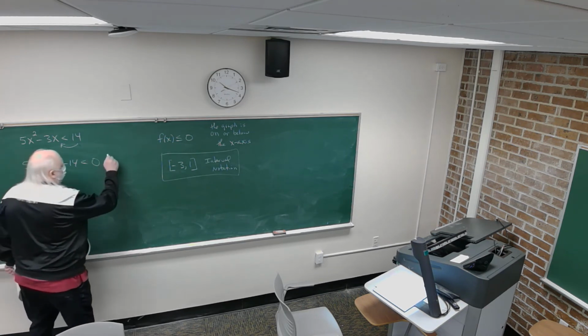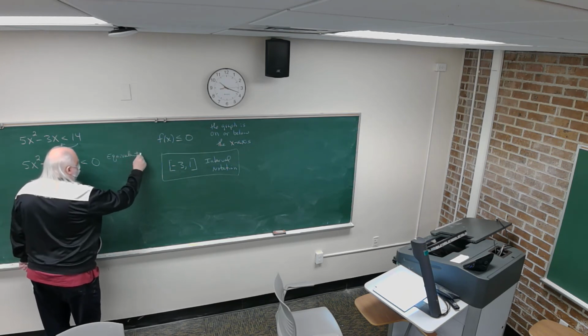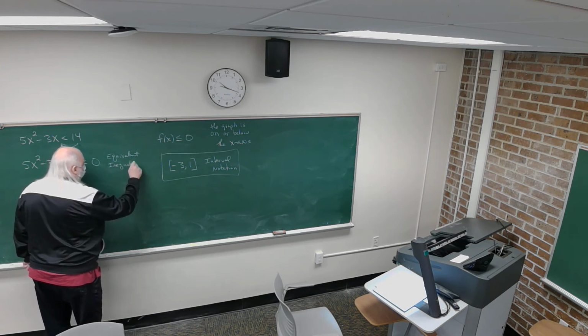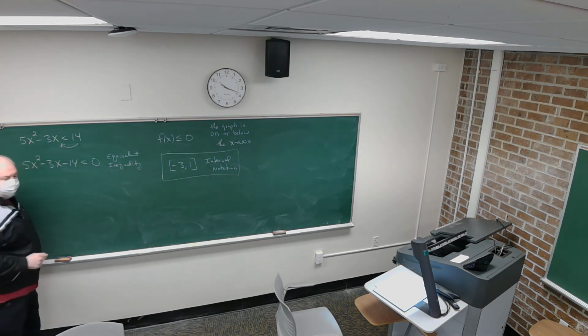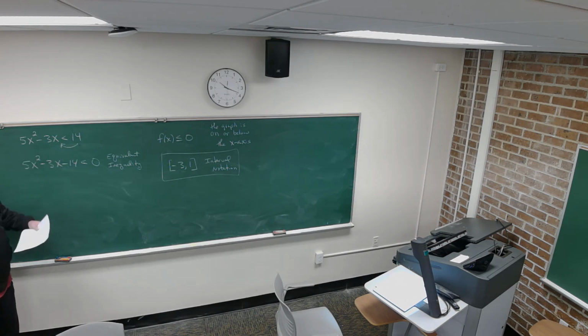This is what's called an equivalent inequality. The solution to this inequality is the solution to our original inequality. So solving this guy will give us the solution to this guy.